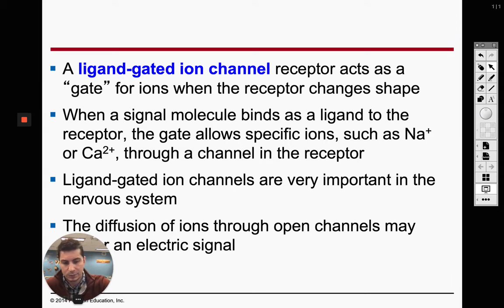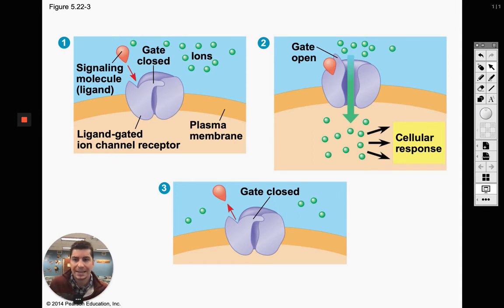And in this one, it's always going to be a ligand. Okay? So what happens is the ligand is going to bond to that protein. When it bonds to that protein, here in step 1, that protein is going to change its shape. So ligand bonds to the gated protein. That protein's response to that ligand is to change its shape.